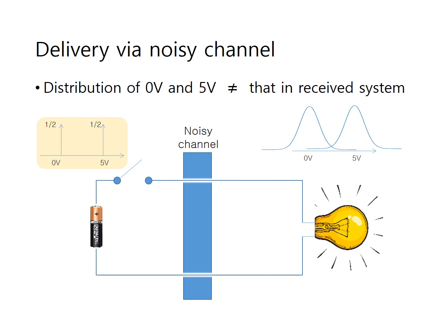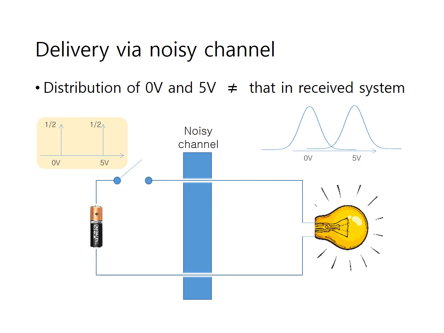If so, how will the receiver judge it? Usually, it is judged by whether it exceeds the intermediate value of 2.5 volt. If it exceeds 2.5 volt, it is judged that binary data 1 was transmitted. And if it is less than 2.5 volt, it is judged that binary data 0 was transmitted.